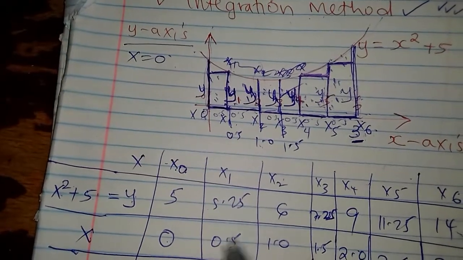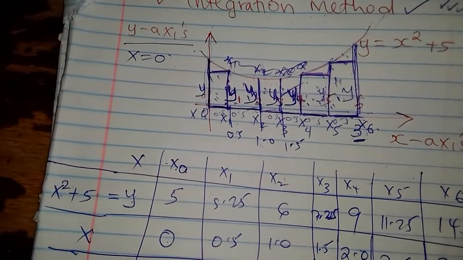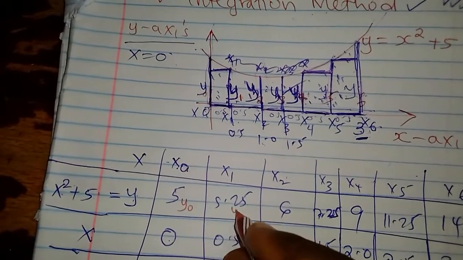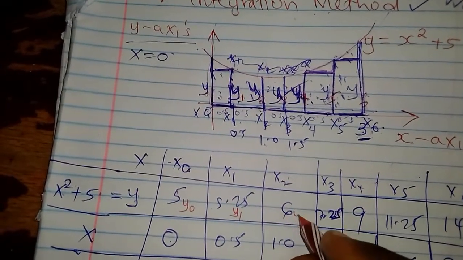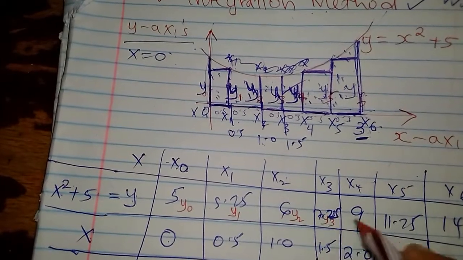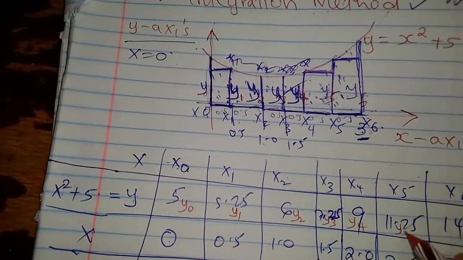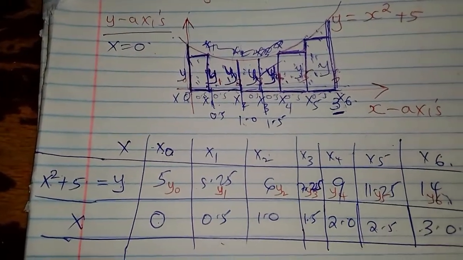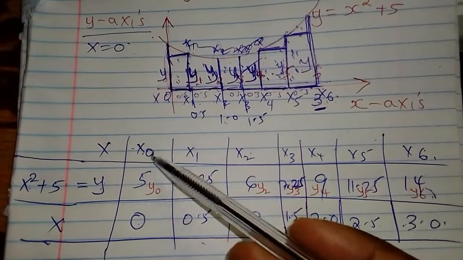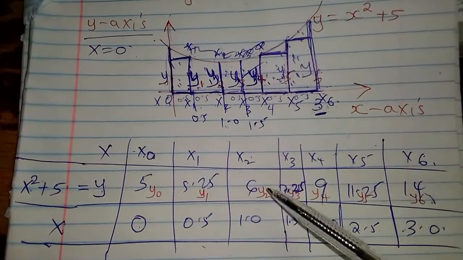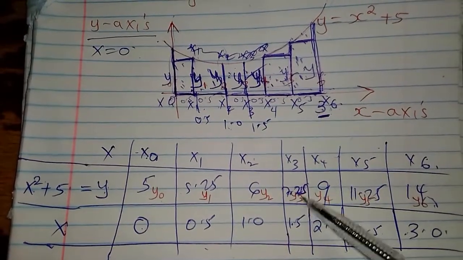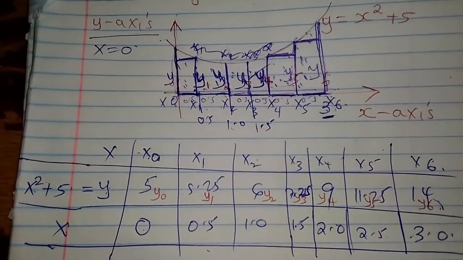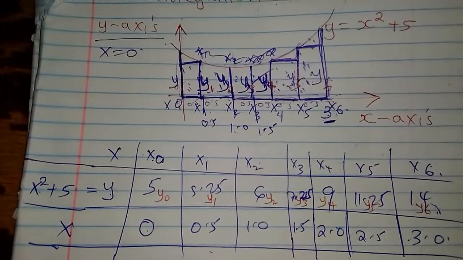That is to say, this is going to be our y0, y1, y2, y3, y4, y5, y6. So x0, y0, x1, y1, up to x6, y6. I'm done. I have to come up with the formula now.